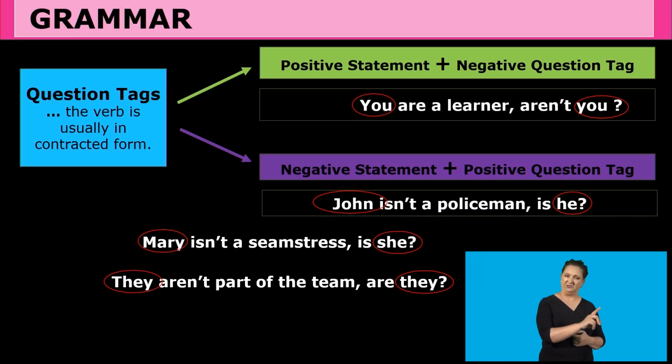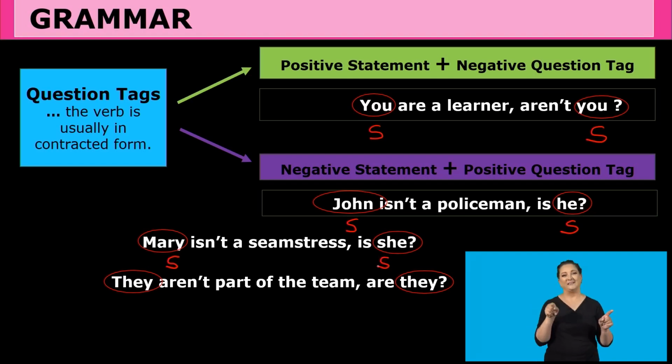John isn't a policeman, is he? All right, so take note of how the little red circles indicate your pronoun. So can you see singular, singular there as well. John, singular, so we go singular for he. But now look at Mary, she's female, so it's she for the female part, and it's singular, all right?